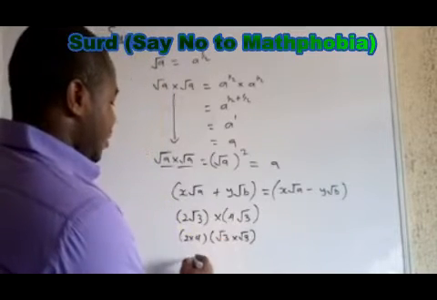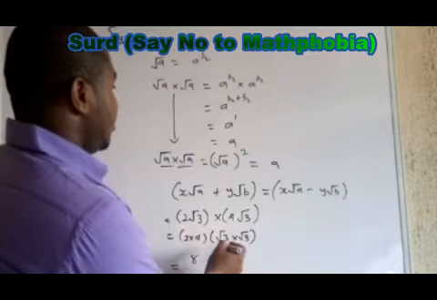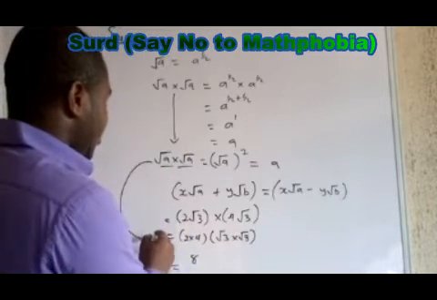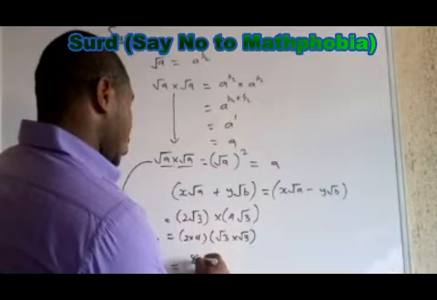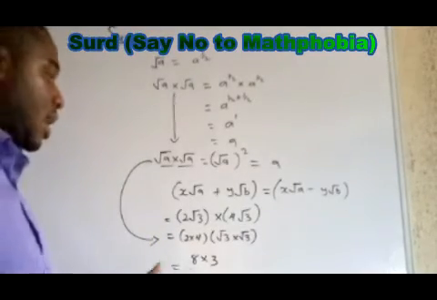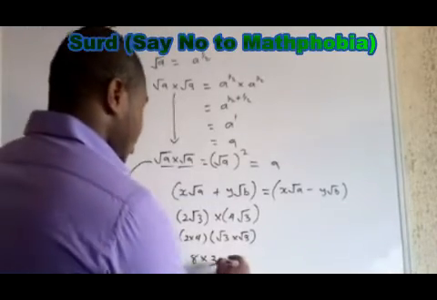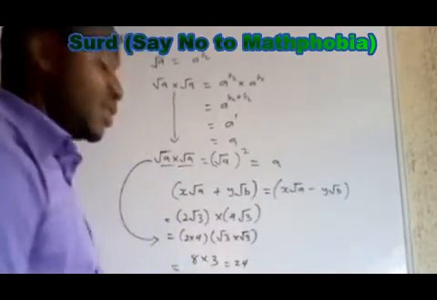What do we have? 8. Then from what we have learned here, you know that this is just going to give you 3. As simple as that. Then this will give you 24.